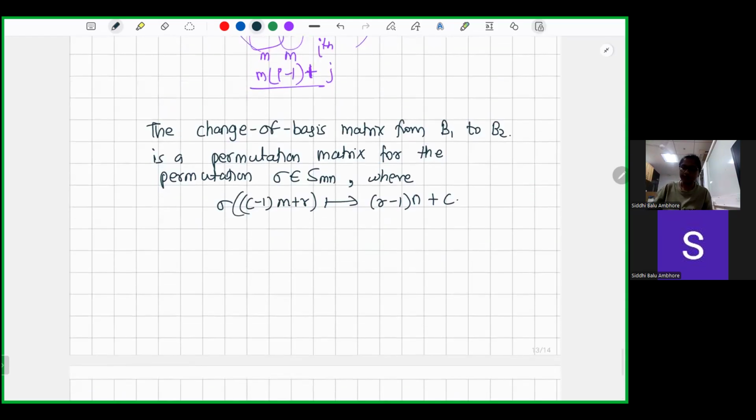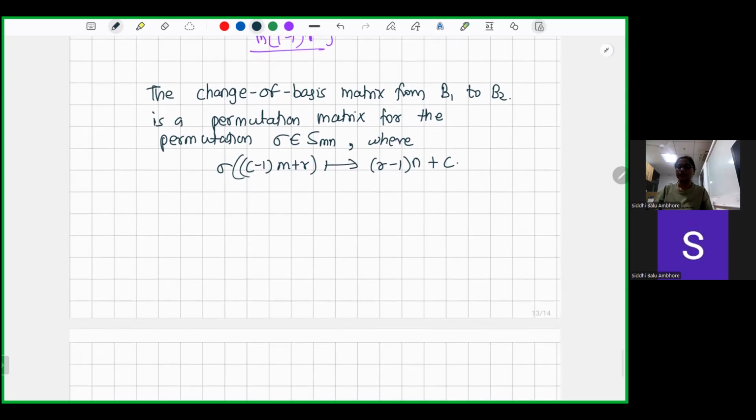The sign of this matrix will be the sign of sigma. The sign of sigma will tell us whether the determinant of this basis change matrix from B1 to B2 has the same sign or not.